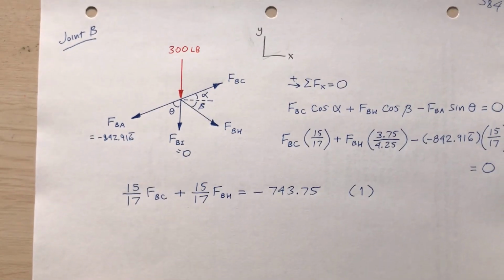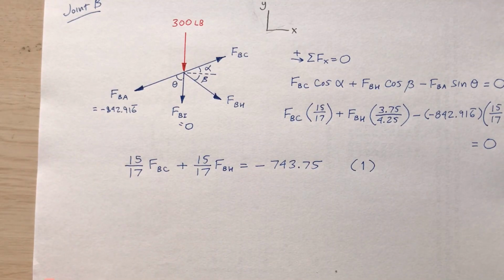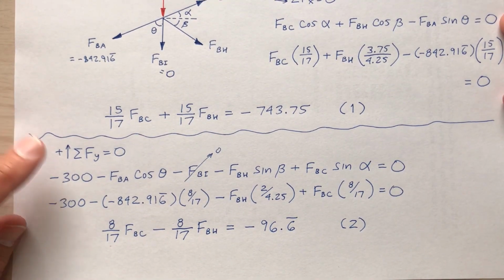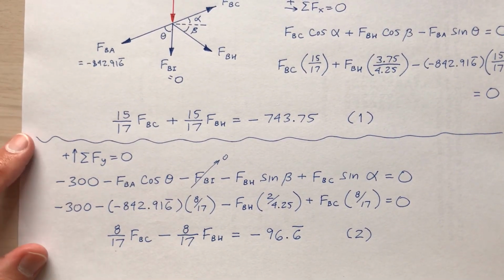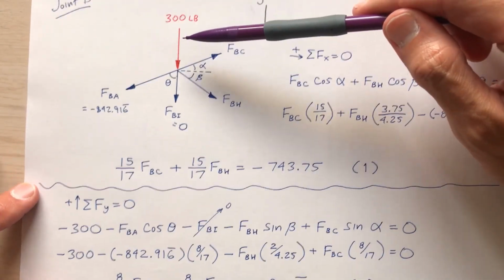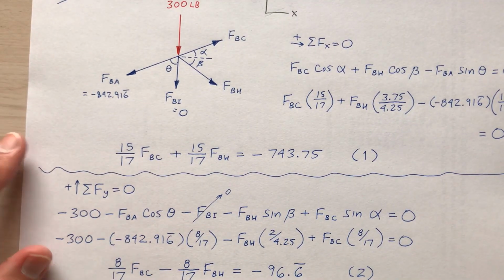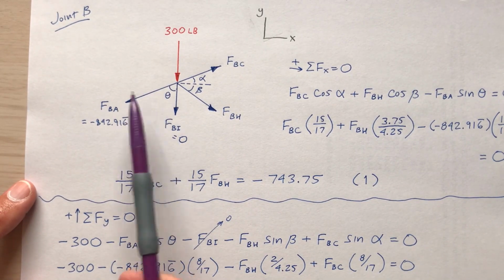Well, why don't I find the sum of the forces in the y direction? That'll give me the second equation that I need. Okay, so put this off to the side, and now I'm going to create another equation. So the sum of the forces in the y direction is 0. Do you know where I'm getting these? Negative 300, it's this load, minus F sub BA cosine theta. That is the vertical component of F sub BA.